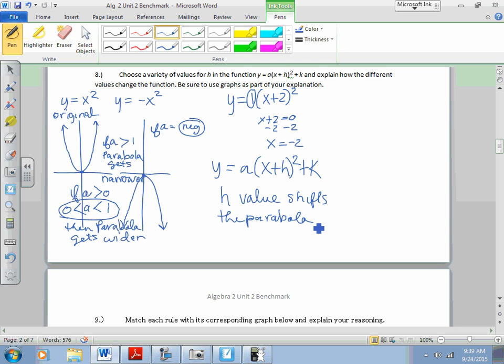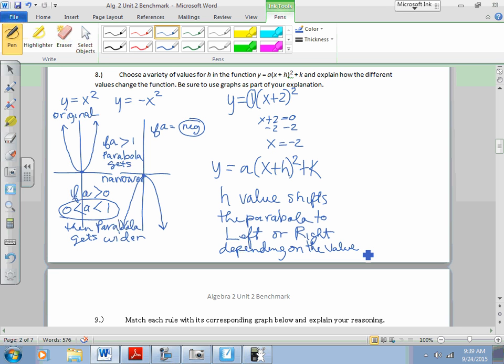So the h value shifts the parabola to the left or right, depending on the value. Ready to understand that part?